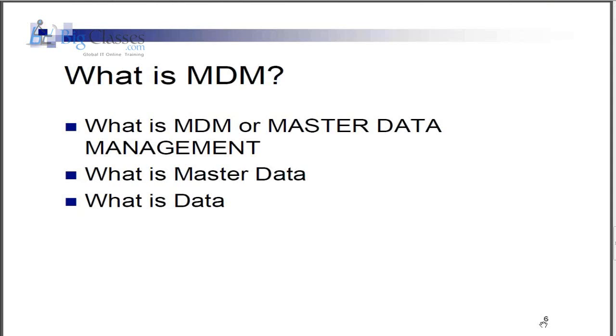But we are interested in data that will help an organization to get more business and to fetch new customers. So basically we are interested in customer data, contacts, addresses, products, finance, all this kind of data. Basically I'm talking about data that is stored in relational databases like Oracle in tabular format. So what is master data here?